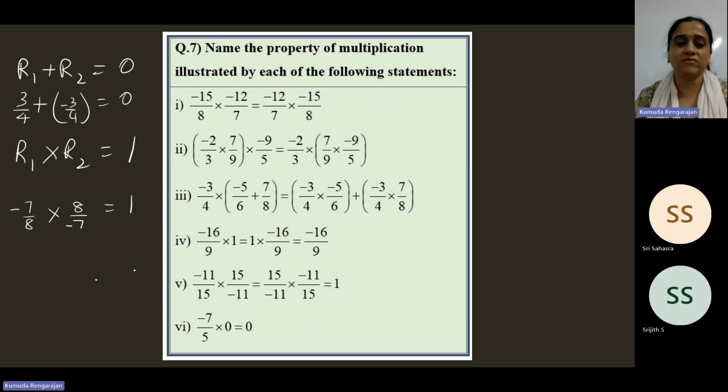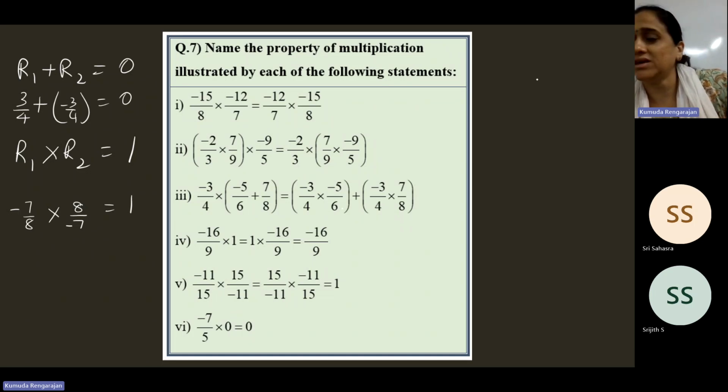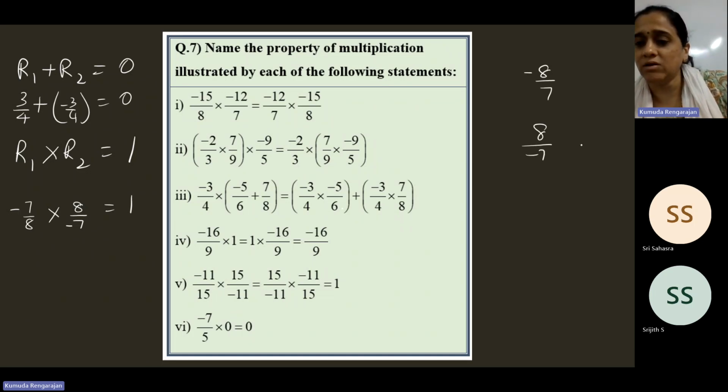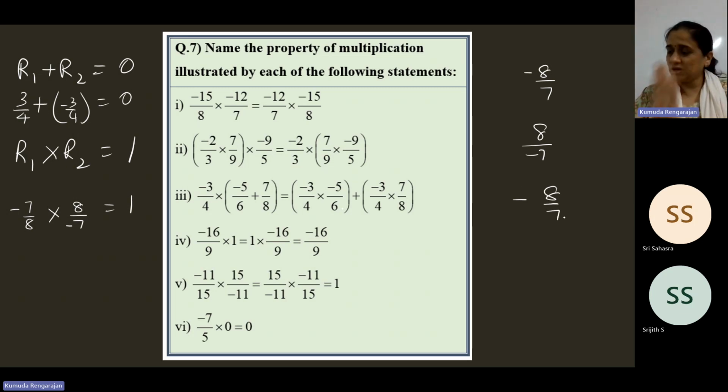Navneet is saying 8 by minus 7, right? Relax, it's the same. Minus 8 by 7, 8 by minus 7, or minus 8 by 7, all are the same. Everything has the same value.